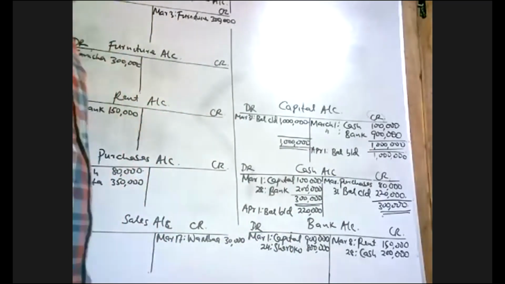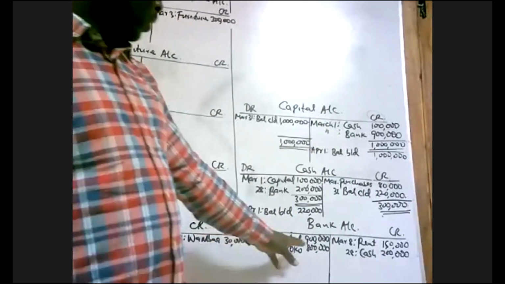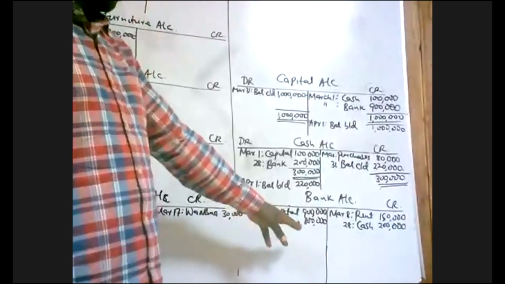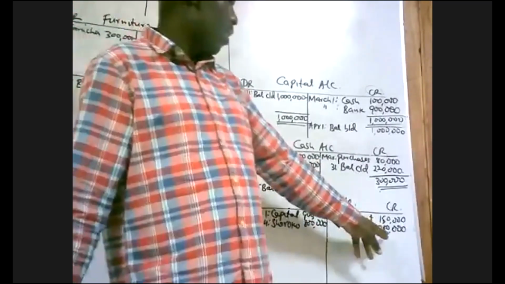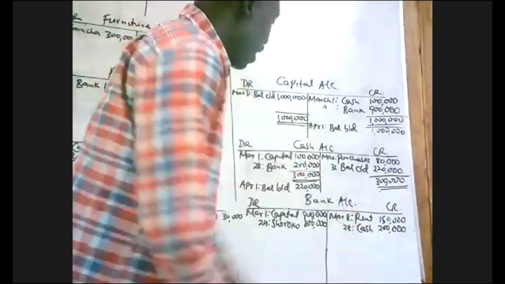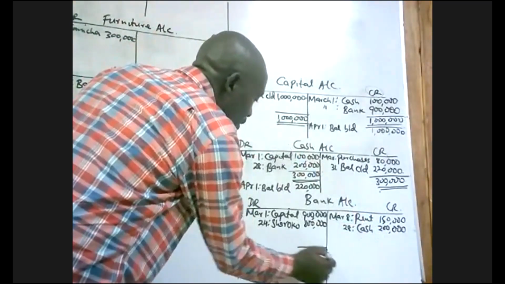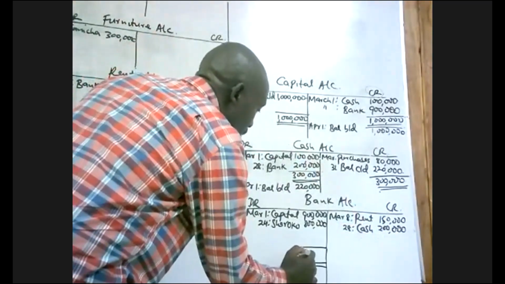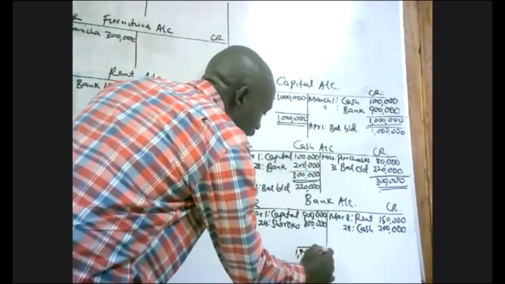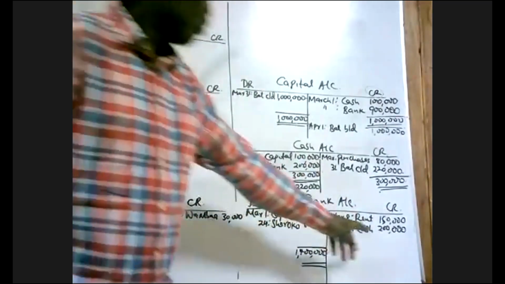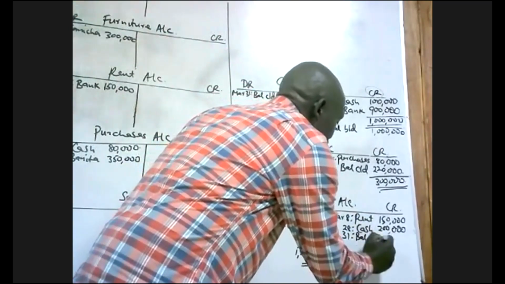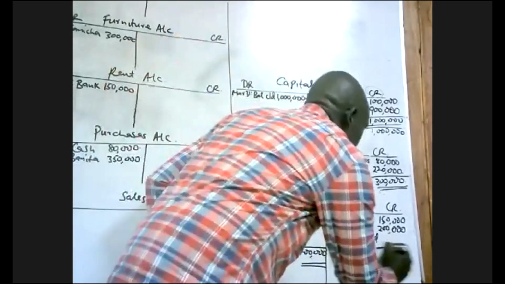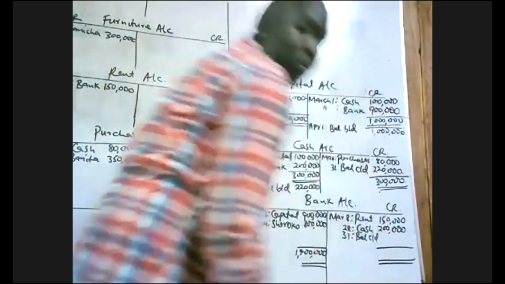Bank, look at the debit of the bank. 1,700,000. Here, 350,000. So this side has more. Which figure are we going to put here on March 31st as balance carried down, so that the two sides can have the same total?